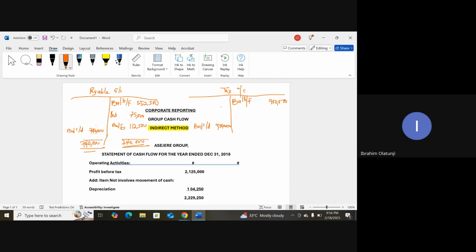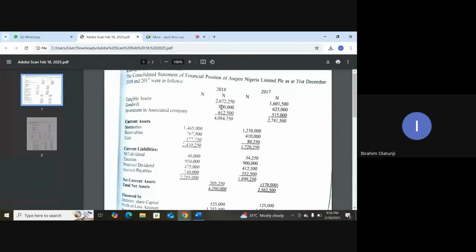Then we can now go to our subsidiary if there is information regarding subsidiary. But if there is no information regarding subsidiary, no problem.